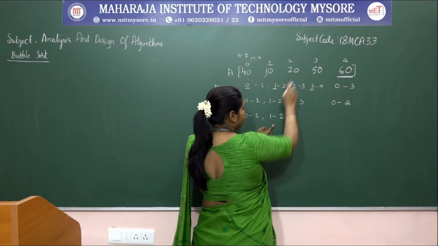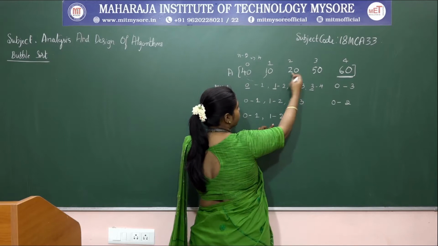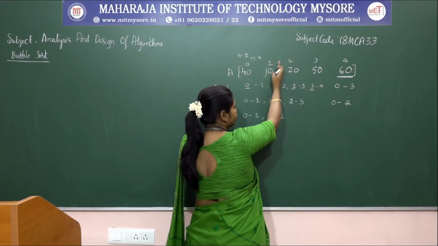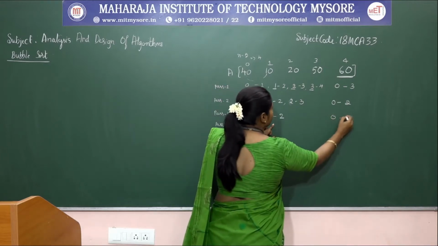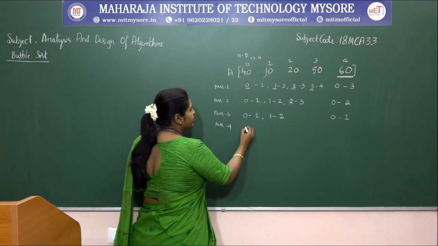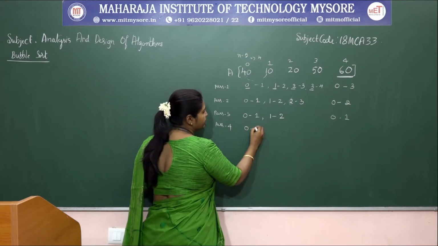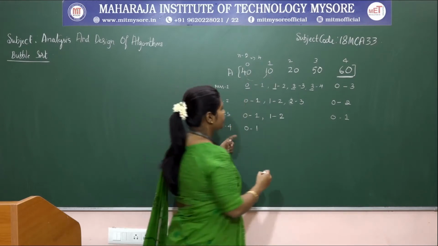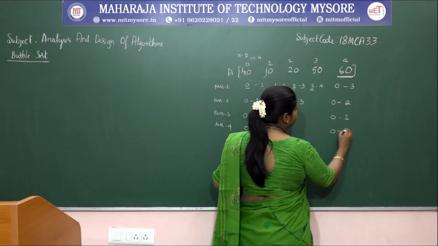In pass 3, the third largest element is found, so we stop, going only from 0 to 1. At the fourth place, we compare 0th and 1, so it goes only from 0 to 0.